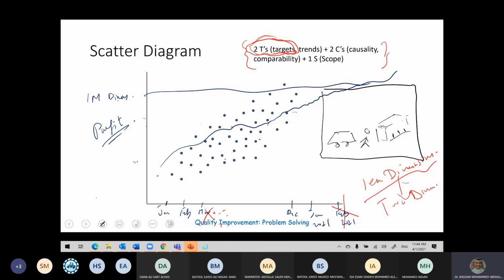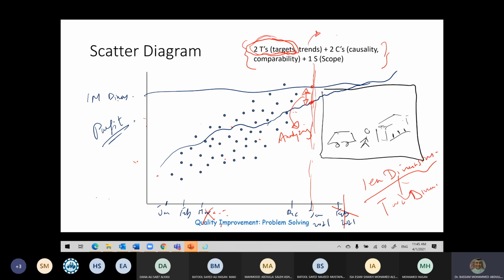And here, for example, you discover that because you had a target very clearly stated, you discover that by January 2021, you did not achieve a target, and you may have less profit for some reason. And this is where you start analyzing and saying, why do I have less profit? So the target is one thing.